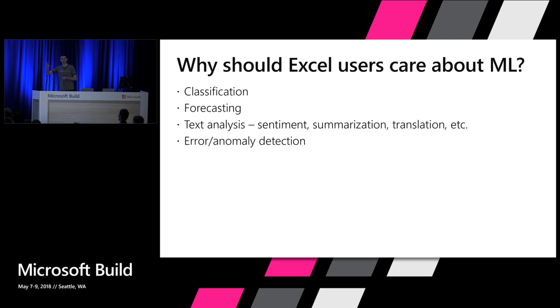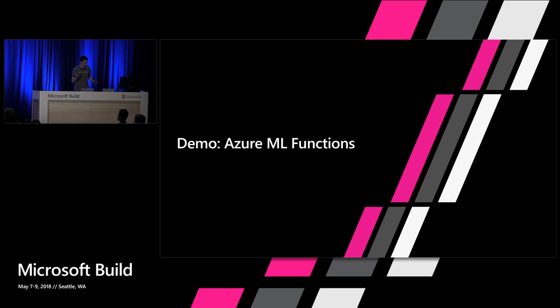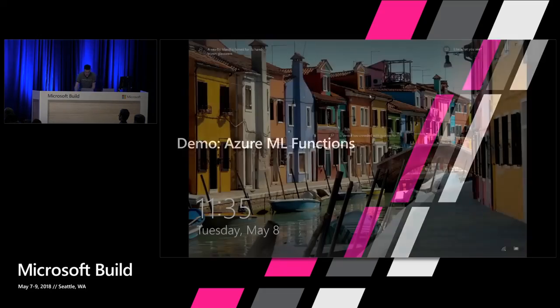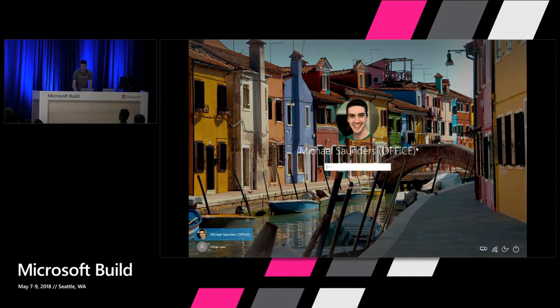And here are some examples of them: classifying data that you have, forecasting out trends in the data, a whole bunch of scenarios around analyzing text that exists inside Excel, and then finally picking out errors and issues that are in the spreadsheet. And so I'm just going to show you quickly a couple great examples of what we've enabled there with Azure ML functions, another type of custom function that we expect to be very useful for bringing in machine learning capabilities into the spreadsheet.